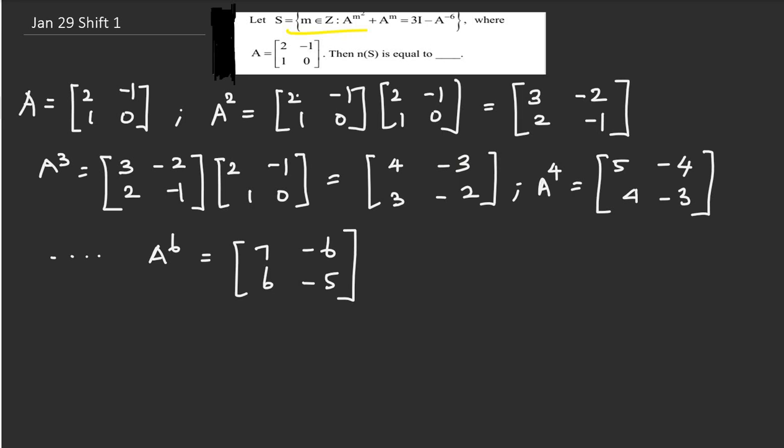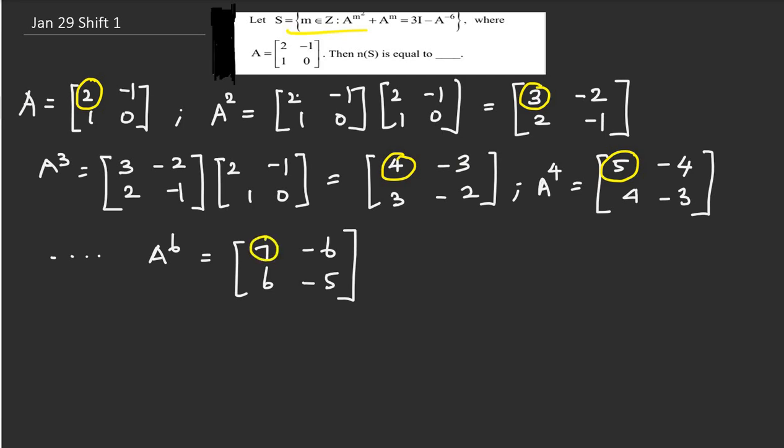This element is 2. A square first element is 3, A cube first element is 4, A to the power 4 first element is 5. Therefore A to the power 5 first element will be 6, and A to the power 6 first element is 7.